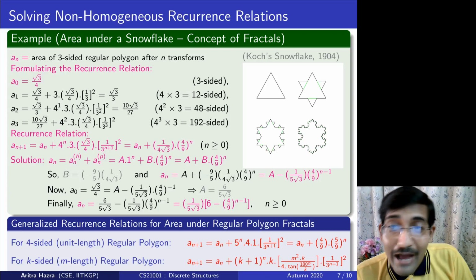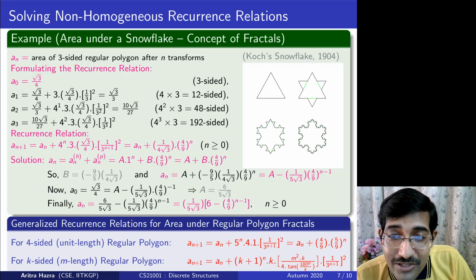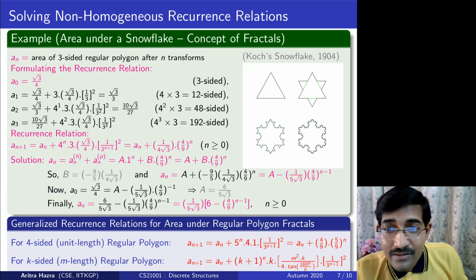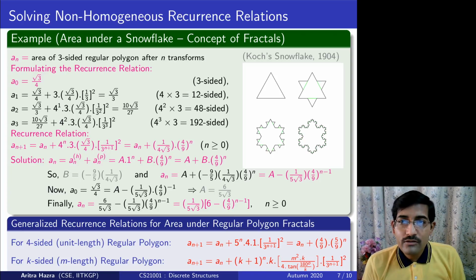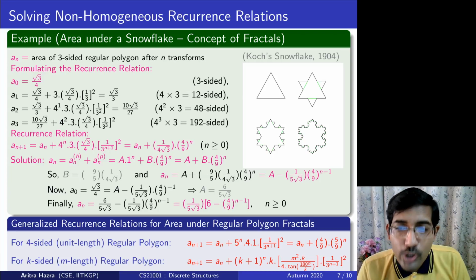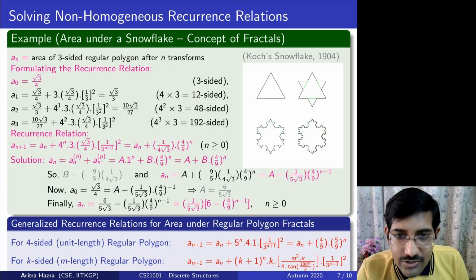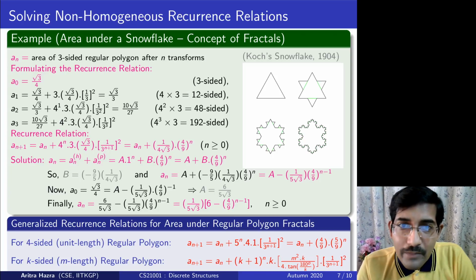So what will happen? I am giving you just a question to ponder: what will happen if the polygon is a circle? That means in your regular polygon k-sided form, k is infinity. Just think over it. So this is where we have used first order linear non-homogeneous recurrences to find the closed form expressions.